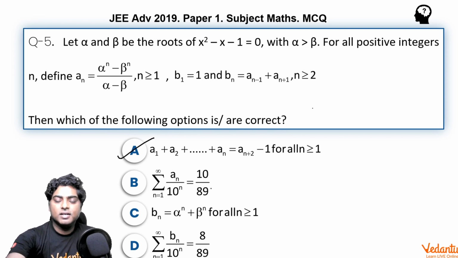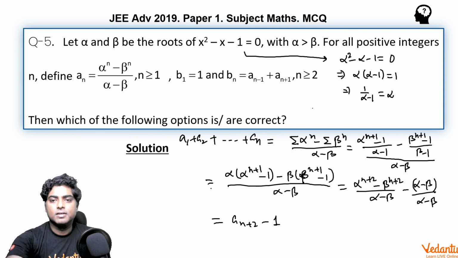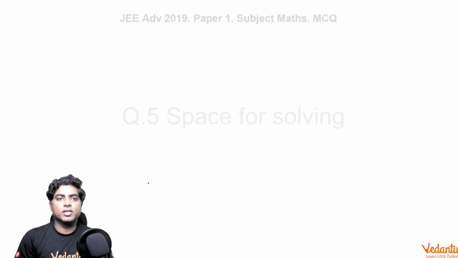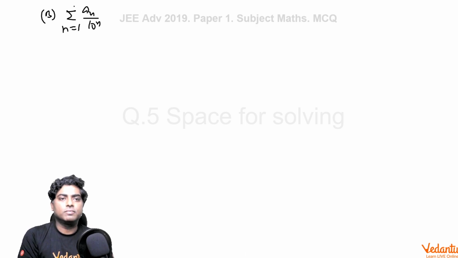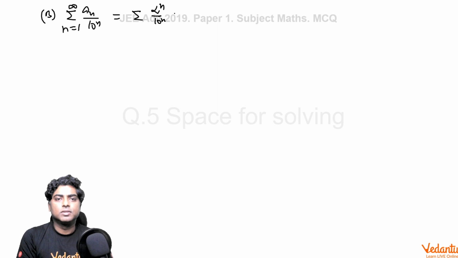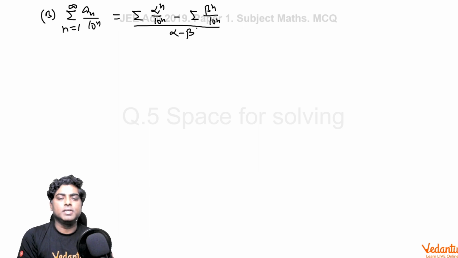Getting it? Yeah, option B, it looks like an infinite GP, sigma an upon 10 raised power n, and an is defined. So see how we can check option B. Sigma an upon 10 raised power n, n from 1 to infinity, an was defined as alpha raised to the power n by 10 raised power n minus sigma beta raised power n by 10 raised power n divided by alpha minus beta, right?